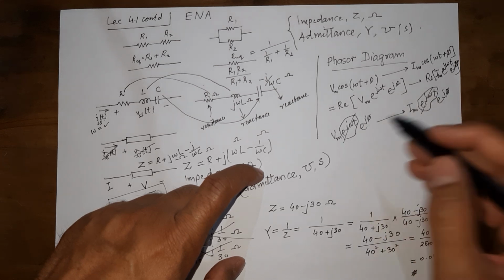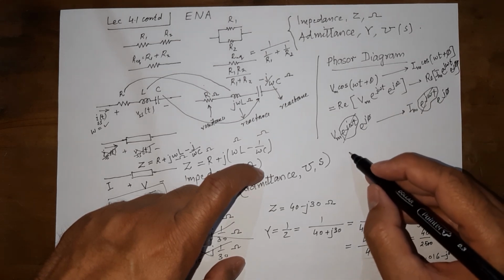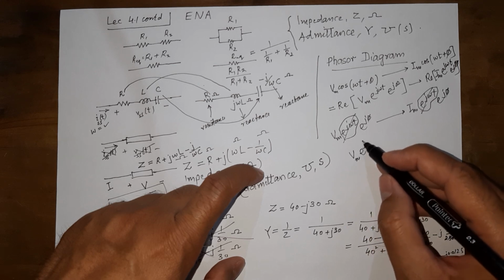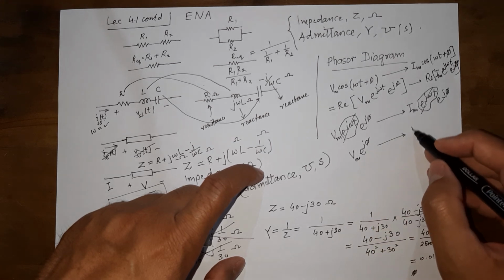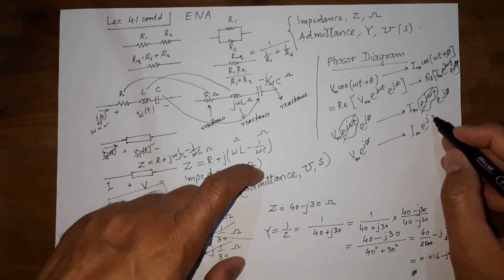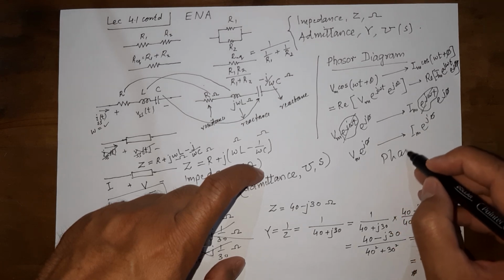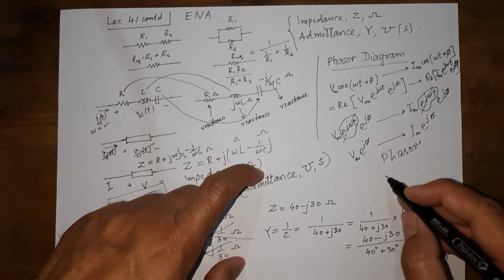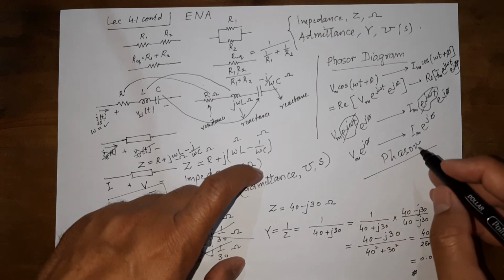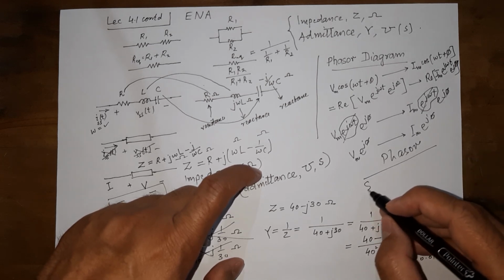Therefore, we saw that it can be eliminated. So what we were left with were complex quantities known as phasors.